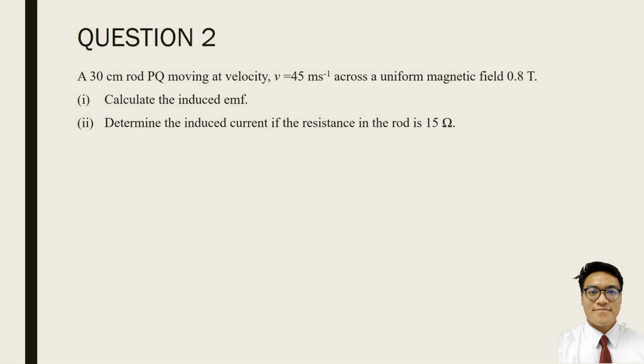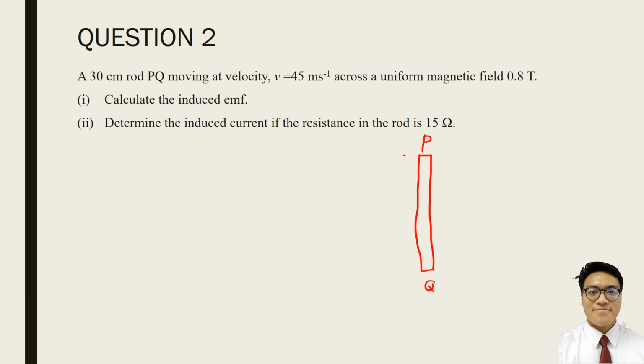Now, on to question 2. We have a 30 centimeter rod PQ moving at velocity 45 meter per second across a uniform magnetic field of 0.8 Tesla. Let me try to represent this situation that we have. Let's say this is our rod PQ.